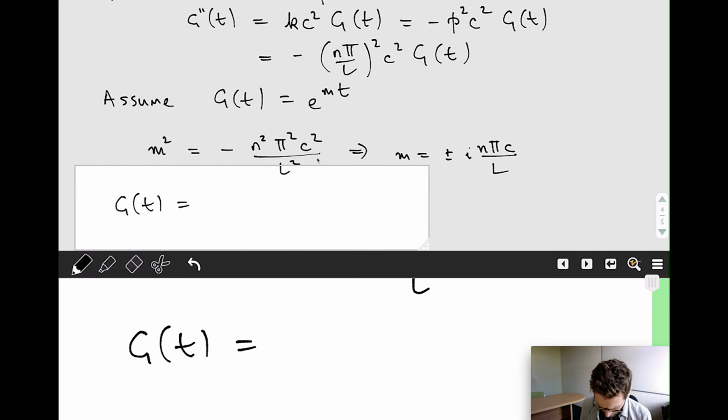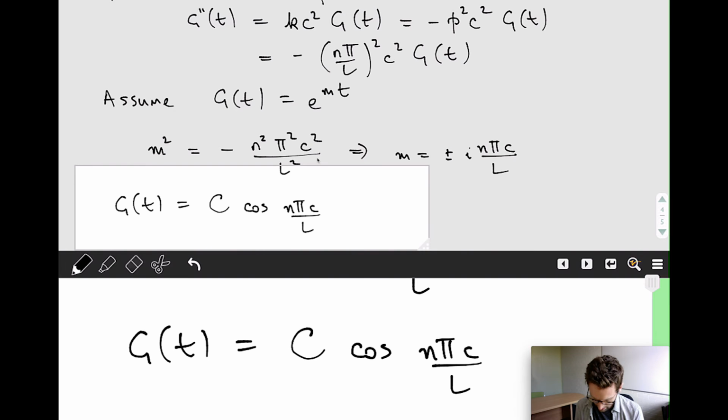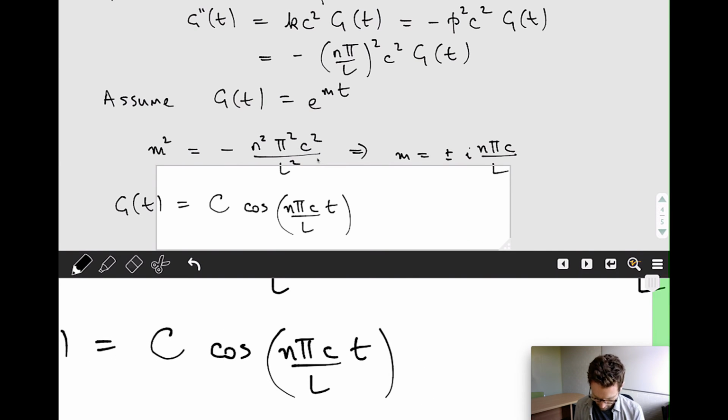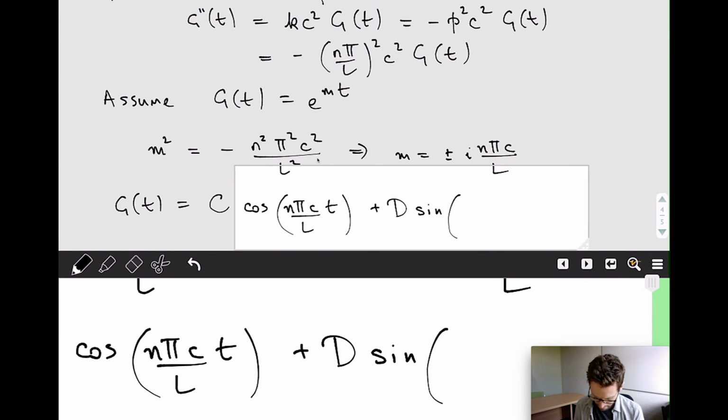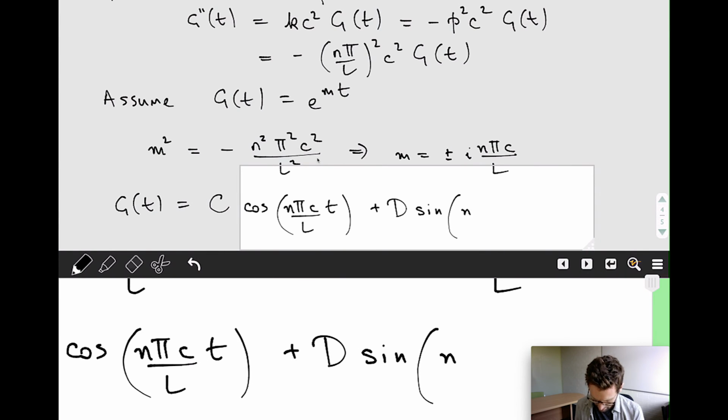So g of t will be c times cosine. I'm not going to use the same coefficients as f of x. So cosine n pi c over L times t plus d times sine, so that was n pi c over L times t.